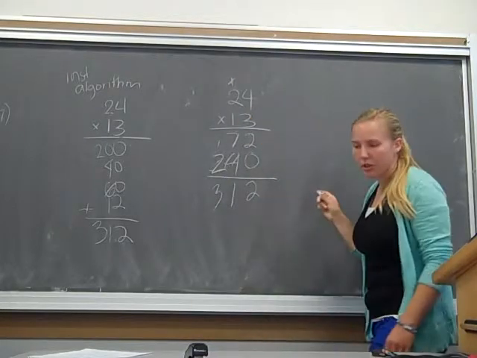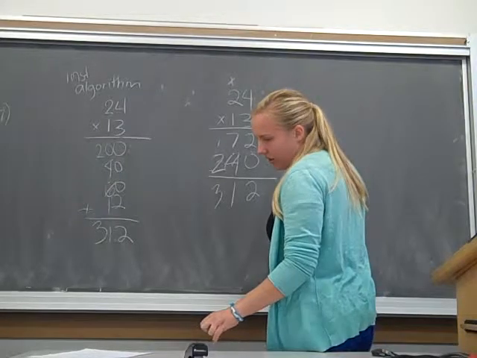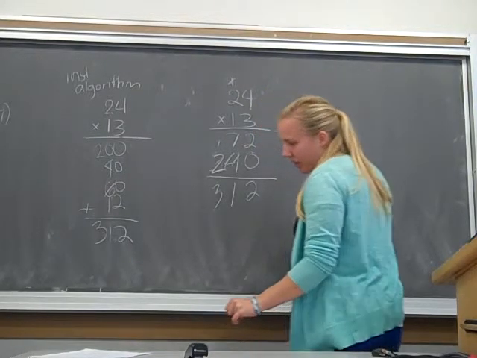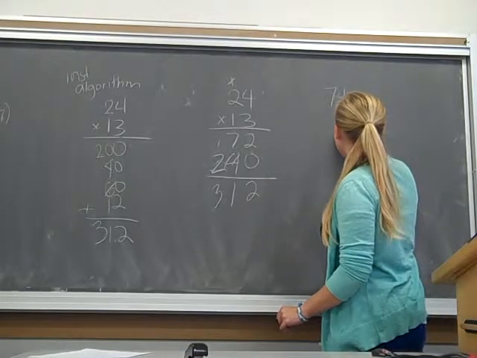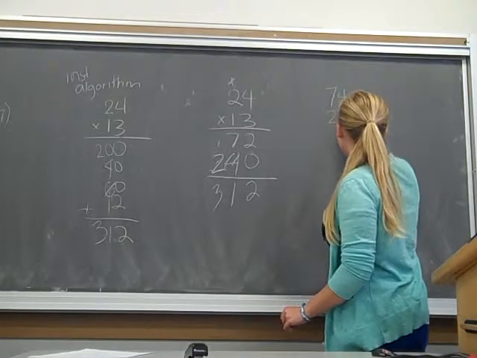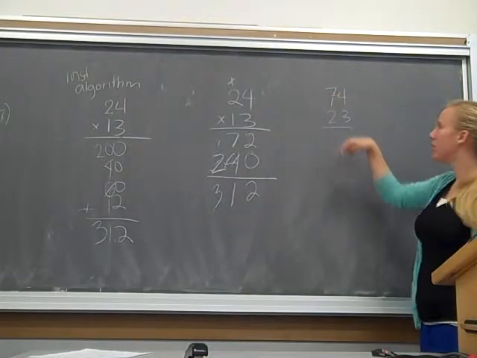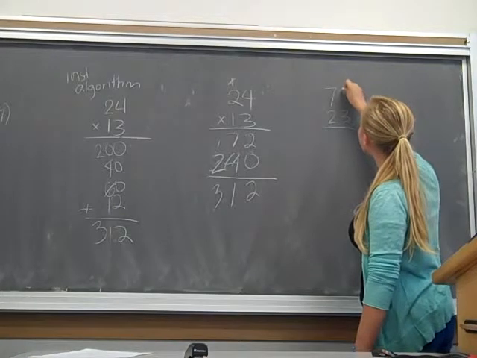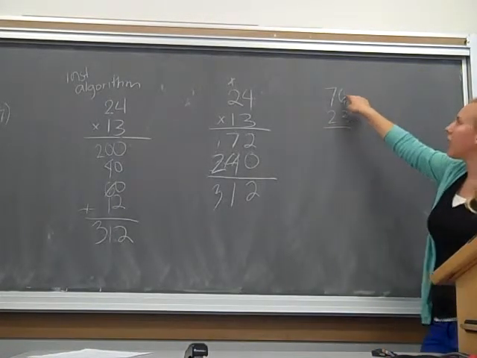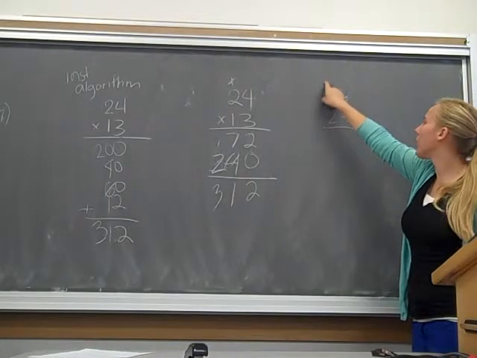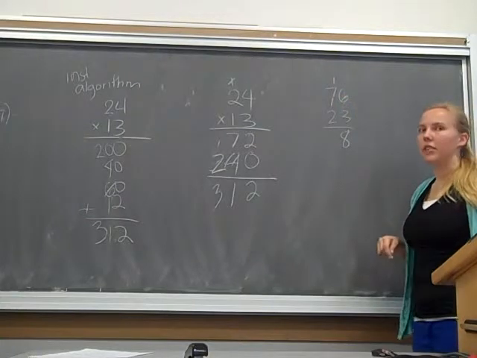Because sometimes you'll come across a problem like, let's see, 74 times 23, something like that, where both times I multiply the 6, I'm going to have to exchange, bring something over here. So when I do 3 times 6, I'll get 18.